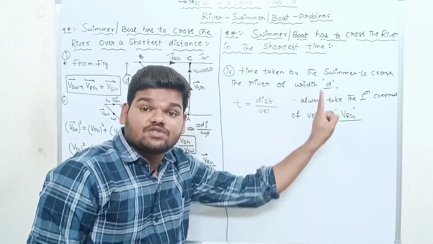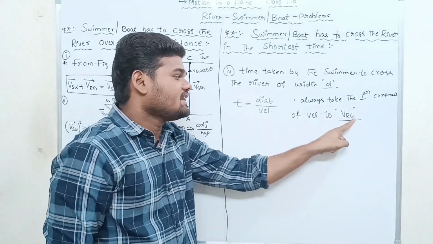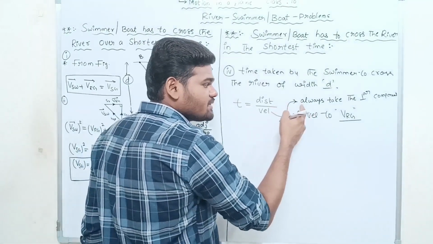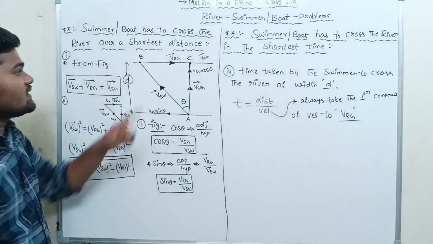So always we should take the perpendicular component of velocity to velocity of river with respect to ground. So whatever the velocity you are taking, this must always be perpendicular to the velocity of river with respect to ground. Have a look.